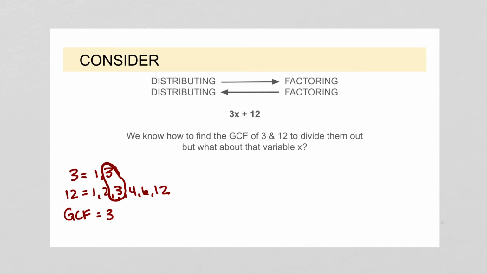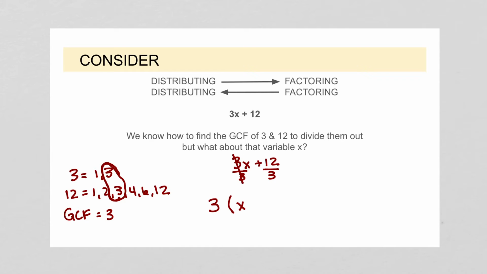To factor it out, I'm going to take this expression, 3x plus 12, and divide that GCF out of each term in this product. I'm going to list my 3 first, because that's what I'm taking out. That's the first factor. Then I'm going to start my parentheses. Well, 3x divided by 3 is just x.